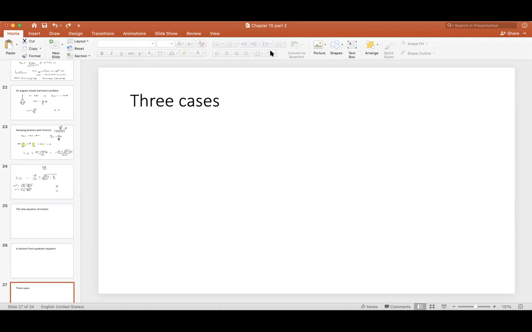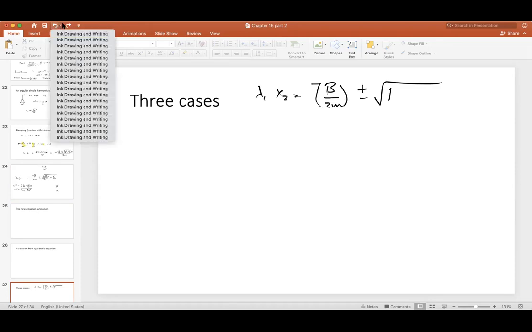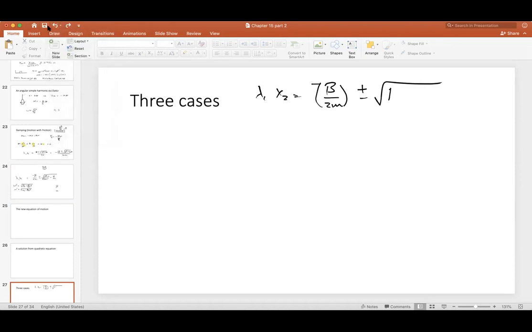So there's 3 cases here, and I need to remember that x1 and x2 are negative beta over 2m plus or minus the square root of beta over 2m squared minus k over m. Okay, so I have 3 cases with 3 different solutions here.